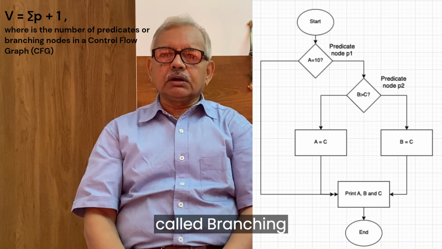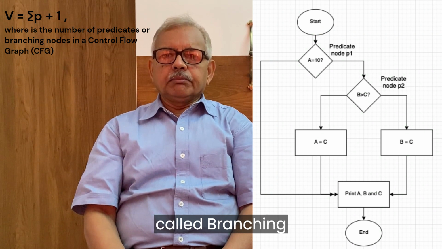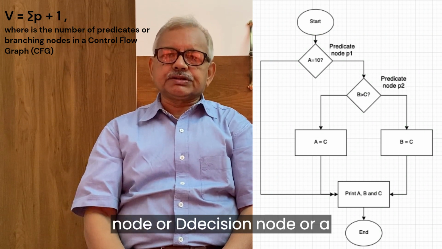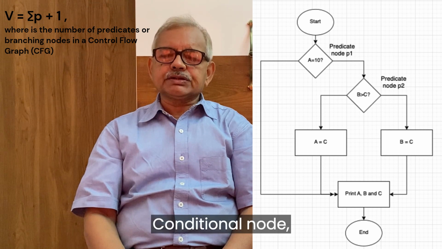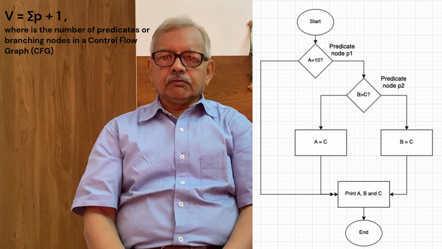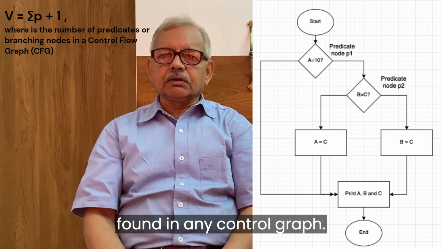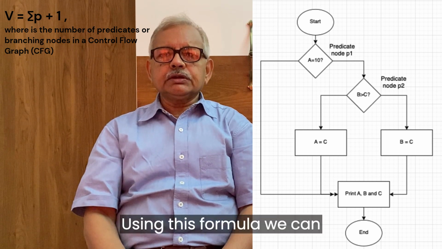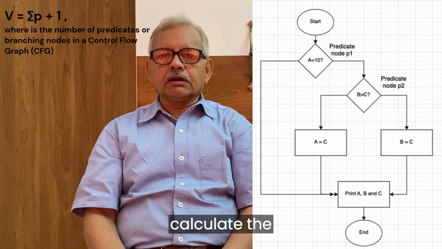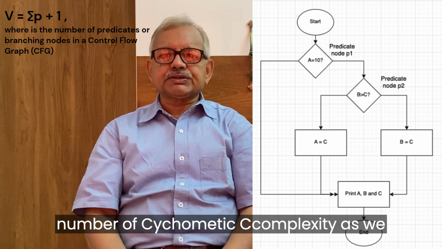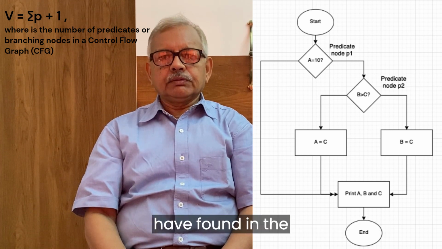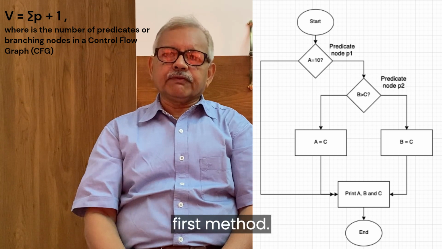It is also called a branching node, decision node or conditional node, found in any control graph. Using this formula, we can calculate the cyclomatic complexity as we have found in the first method.